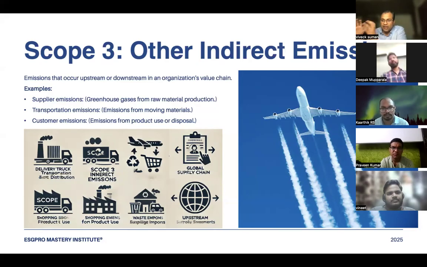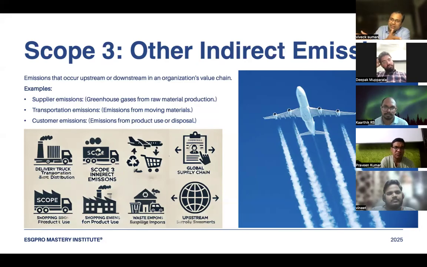Yes. The burning is happening in the thermal power plant, isn't it? Yes. And then they are sending me electricity, and because they have sent me electricity, I need that electricity. Hence that purchase of power or purchase of energy, because it is not burned in my premise, it is not burned on my equipment, it is not burned in my operation, it is happening in somebody else's operation, it is a Scope 2 emission. Does that help you to understand and get your concept clarified?